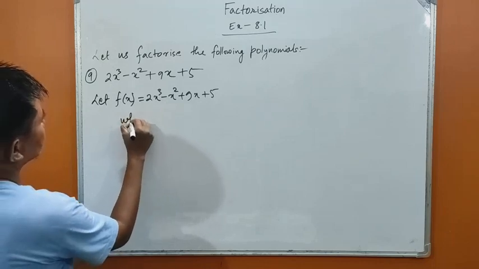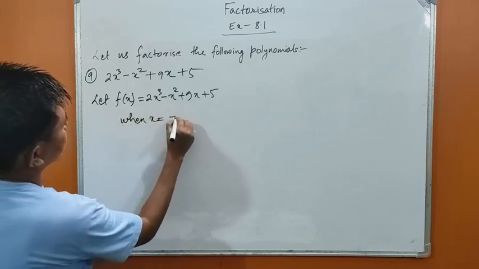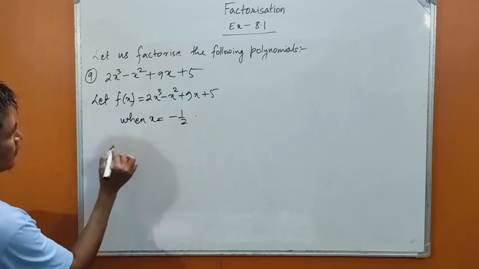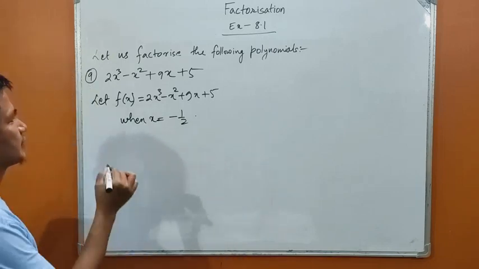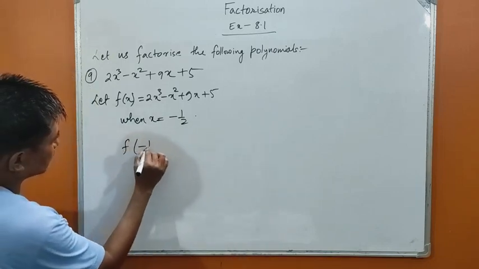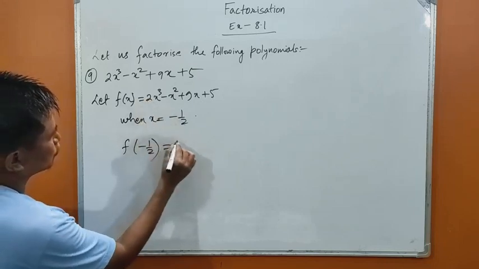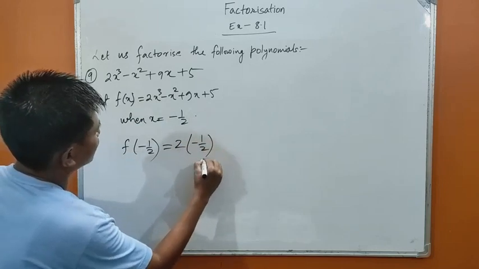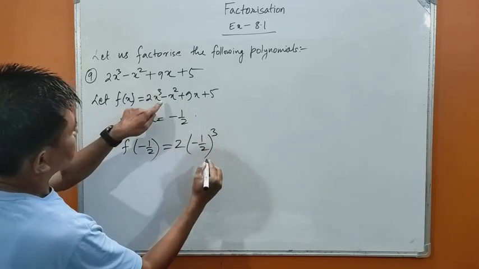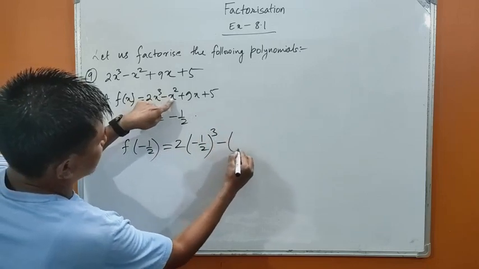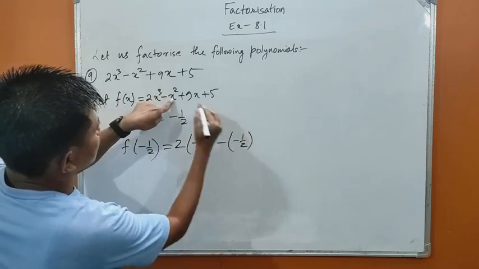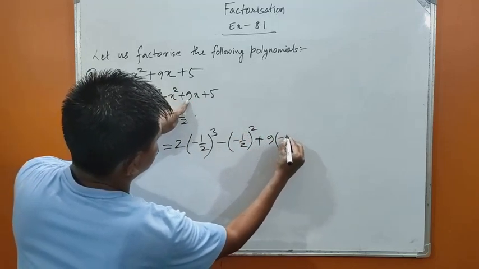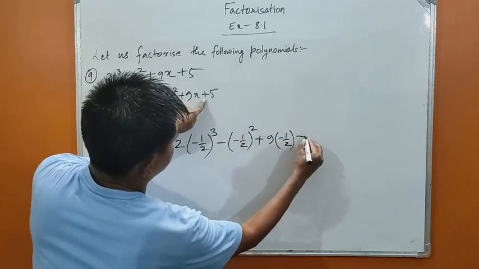Okay, when x equals minus 1 upon 2, I told you earlier, you must be very quick in calculation. f(minus 1 upon 2) equals, let's check, 2. Instead of x, I write minus 1 upon 2. Minus 1 upon 2 whole cube, minus x means minus minus 1 upon 2 whole squared, plus 9x means 9 into minus 1 upon 2, plus 5.